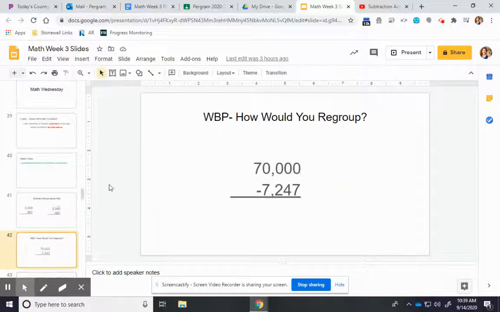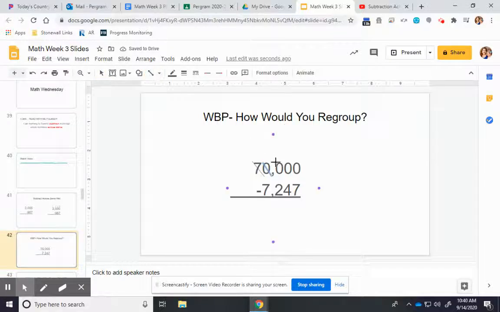Now, I want you to get out your whiteboard and we're going to practice how we would just regroup this. So we're not even going to do the subtraction. We're going to figure out what this would look like as a regrouping. So we know that we are going to need to turn all of these zeros into a larger number. So the first thing we're going to do is mark out all of these digits because we are going to need to borrow.